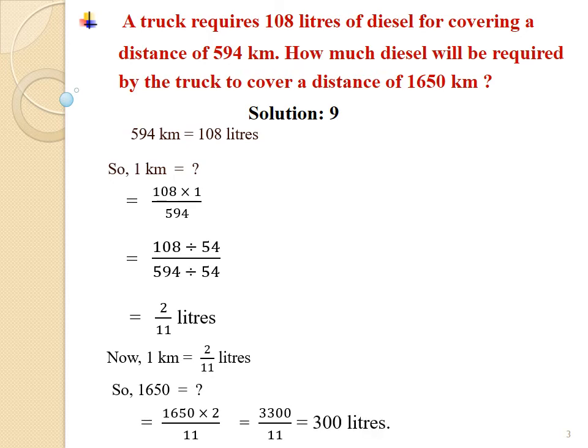Now multiplying numerator with numerator, that is 1650 by 2, and keeping denominator 11 as it is, we get 3300 upon 11. Now dividing 3300 by 11, we get 300. Thus, diesel required by a truck to cover a distance of 1650 kilometers is 300 liters.